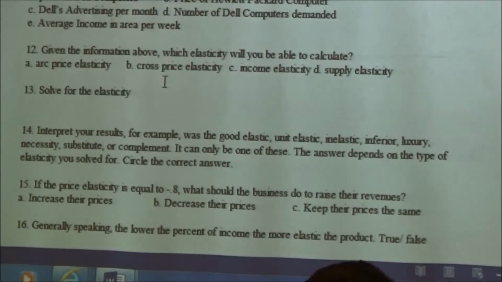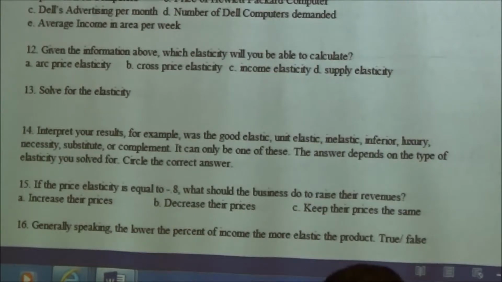That would be A. Number 16, generally speaking, the lower the percentage of your income to the good cost, the more elastic the product. That's false. The lower the percentage, you don't really care as much because it's a small percentage of your income, so it's a little less price sensitive, holding everything else constant.